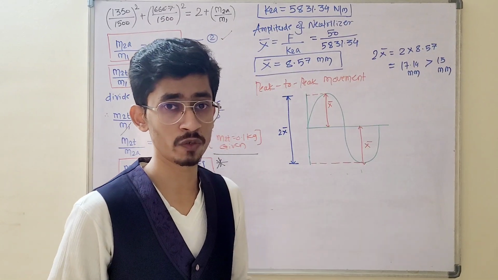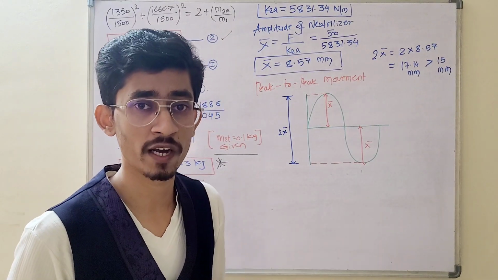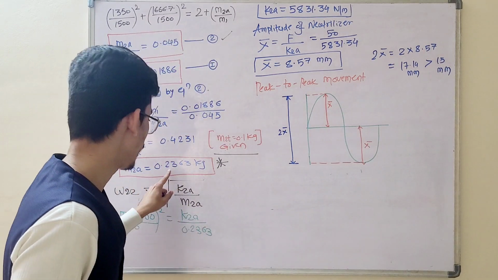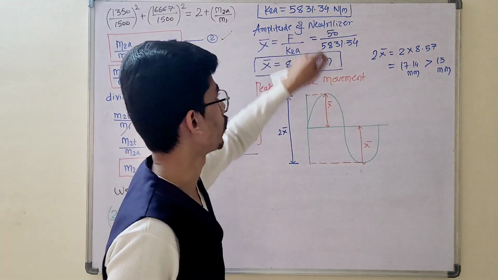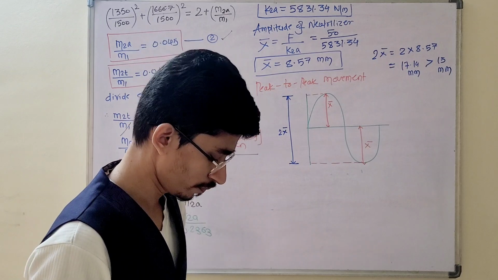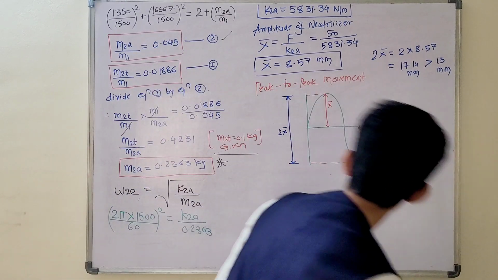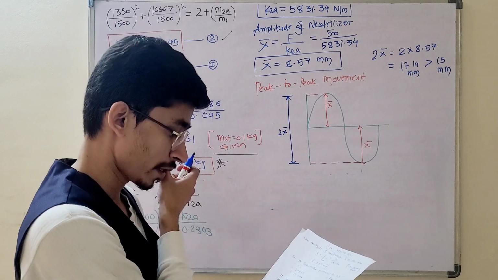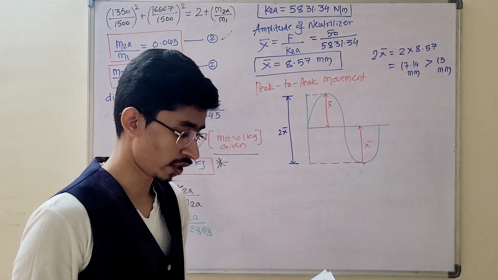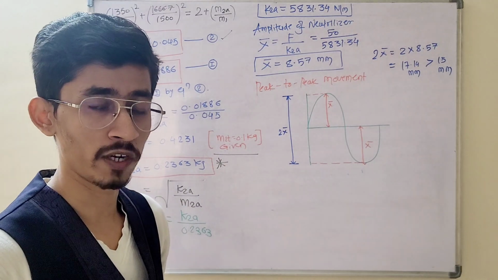So we need to find again what the mass of the neutralizer m2a will be, and similarly find out the stiffness. So how do we do it from here onwards? If my peak to peak amplitude condition is not satisfied, what is the required condition?